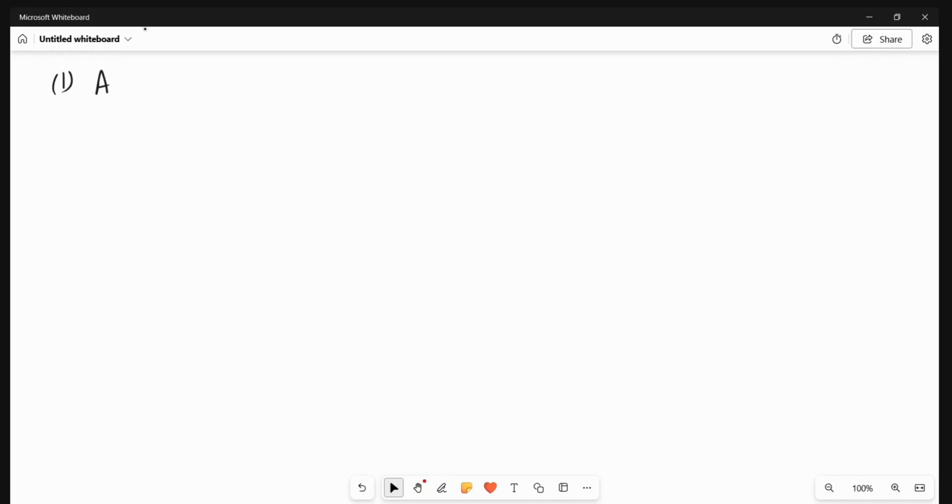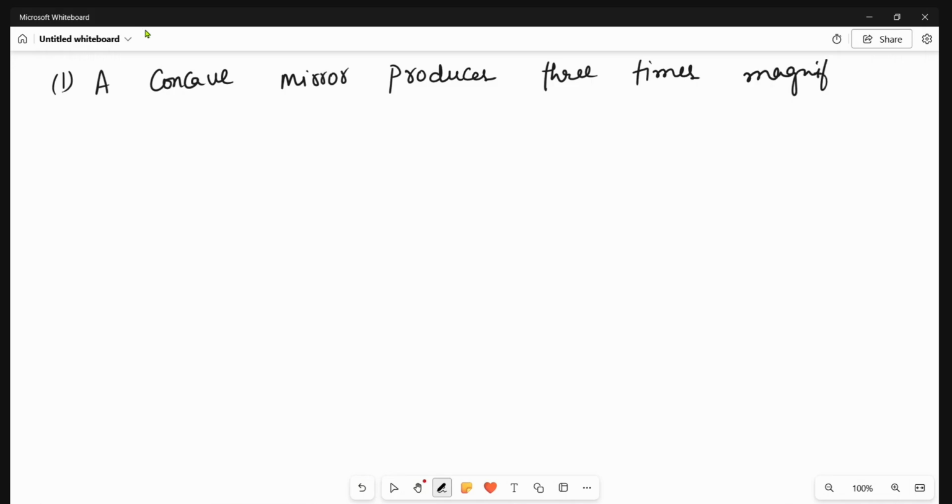Write down even the question also. A concave mirror. A concave mirror produces three times magnified real image of object.